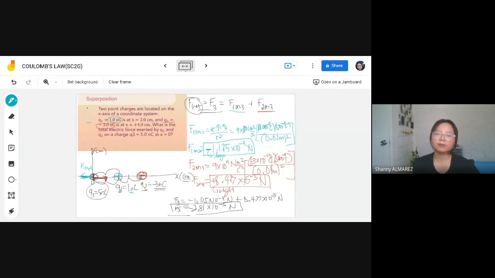Next, just in case you find it difficult, follow your step-by-step process, take it slowly but surely, to avoid confusion or mixing up the answers. And lastly, you always have to go back to the concept in order to arrive at the correct answer. So at this point, we will now end the session.